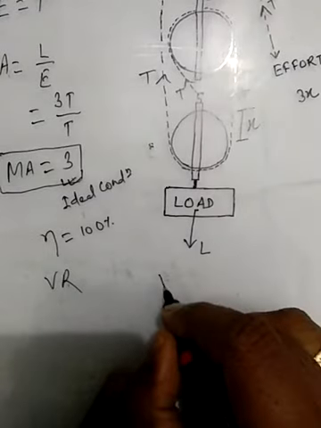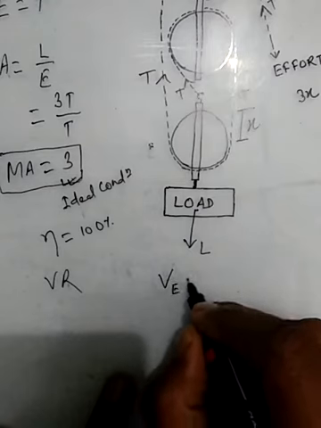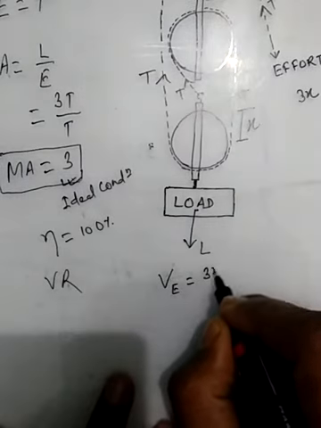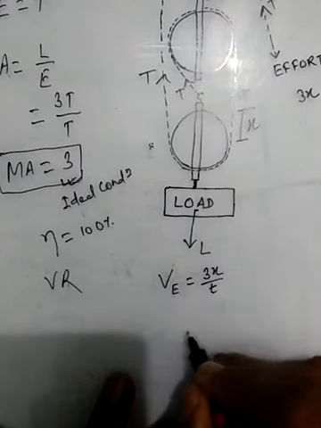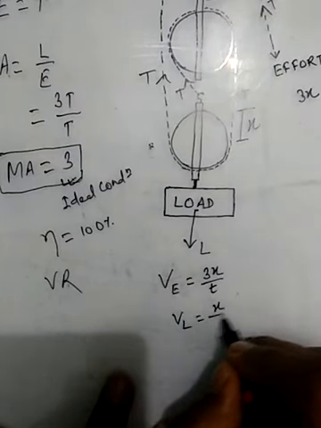Therefore the velocity of effort will be 3x upon t, and velocity of load will be equal to x upon t.